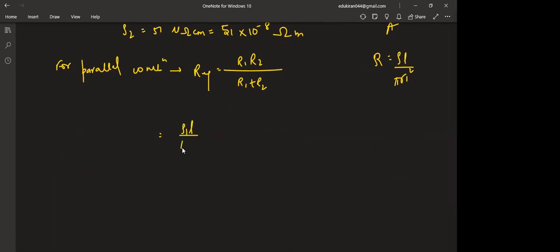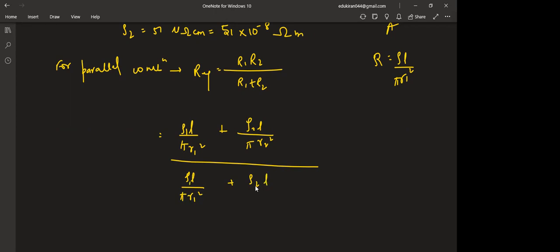So rho 1 L by pi R1 square, this is R1, times rho 2 L by pi R2 square, this is R2, divided by rho 1 L by pi R1 square plus rho 2 L by pi R2 square. Equivalent resistance is given to you as 3. Now pi and L will get cancelled from everywhere.